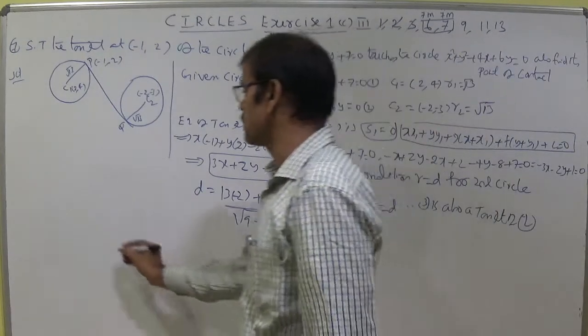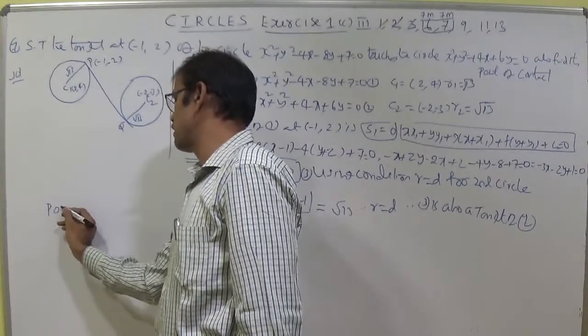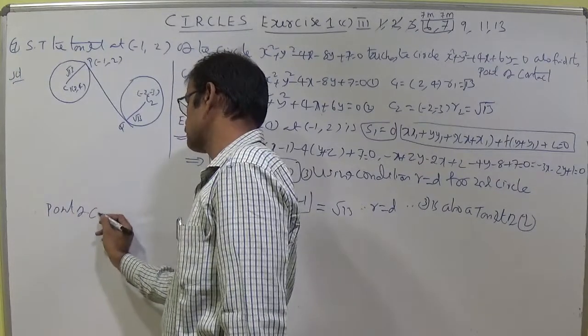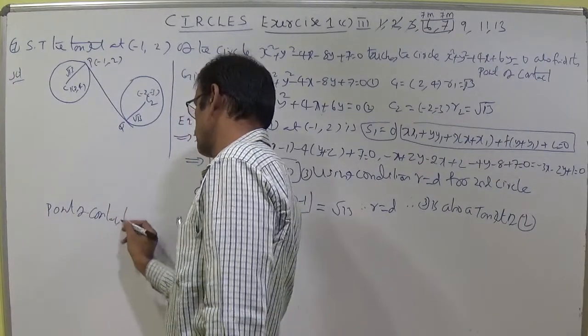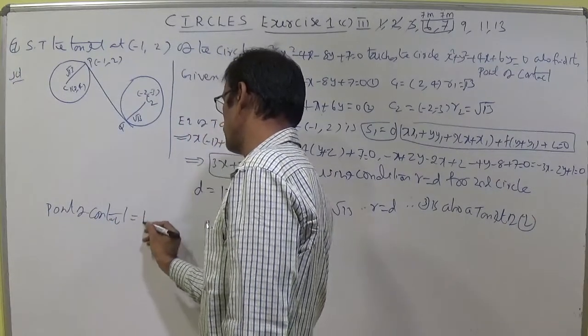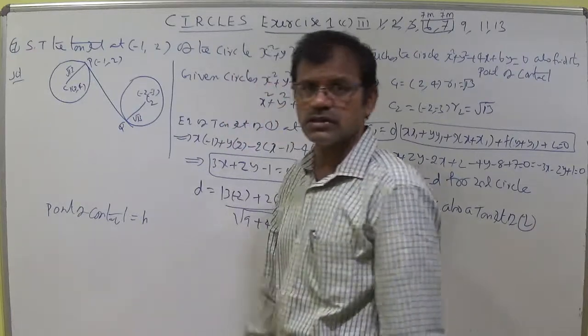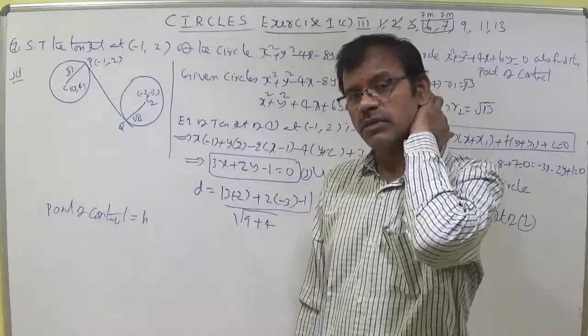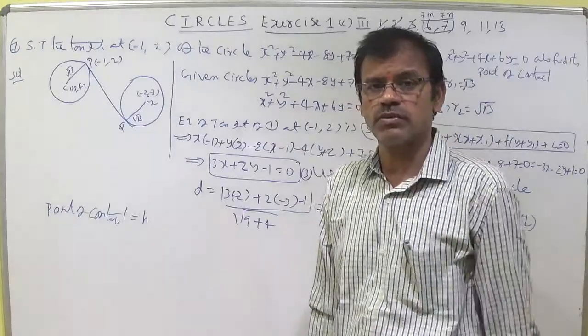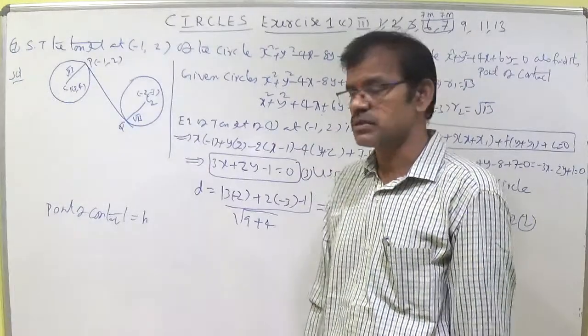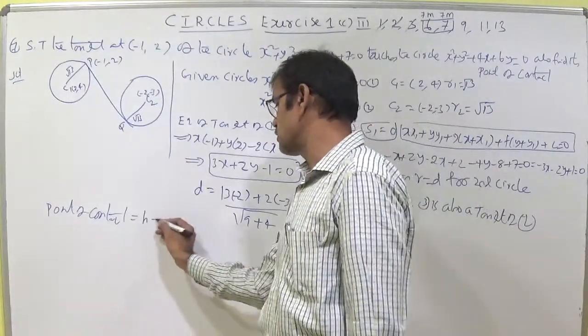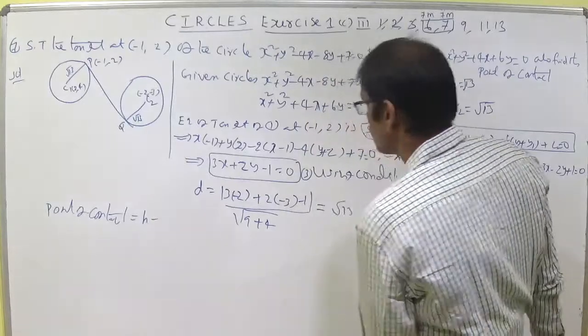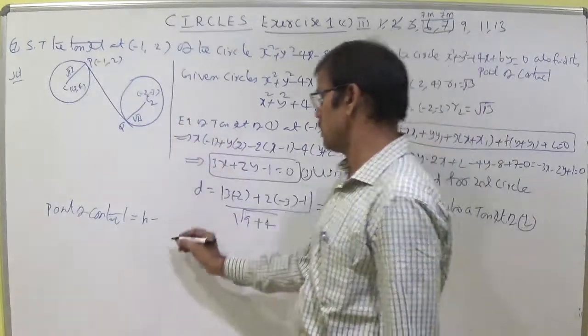To find the point of contact, I am writing the point of contact formula, the foot of perpendicular: (h - x1)/a = (k - y1)/b = -(ax1 + by1 + c)/(a squared + b squared). What is x1 here? This is the center (-2, -3).